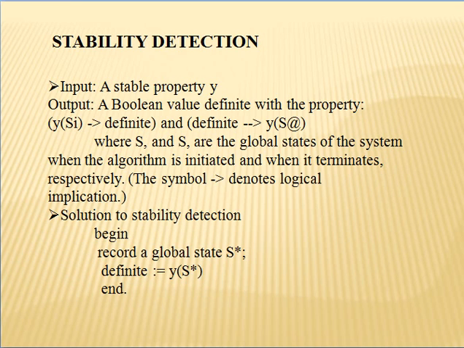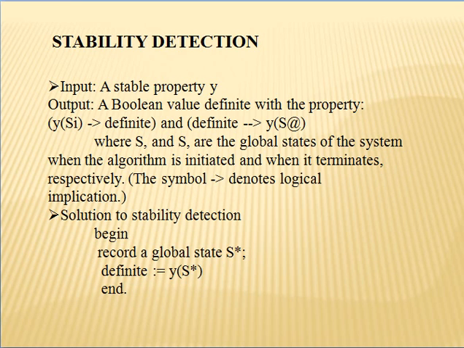The correctness of the stability detection algorithm can be considered as follows. S star, the recorded state, is a global state reachable from the initial state, and the terminate state is reachable from S star.